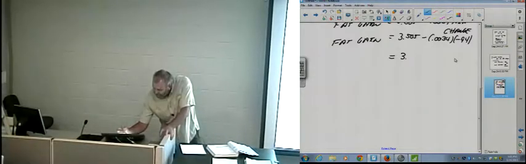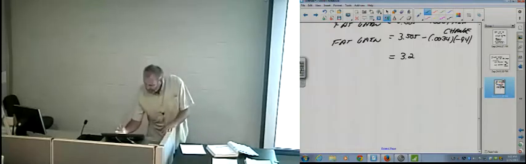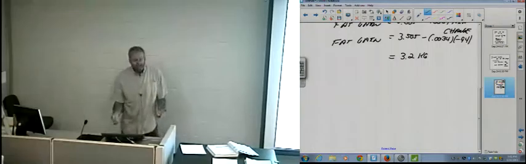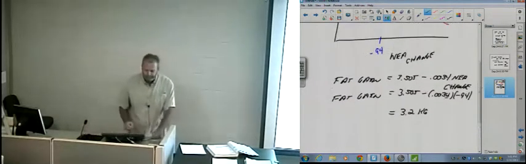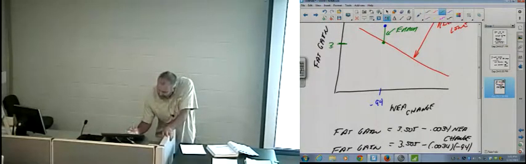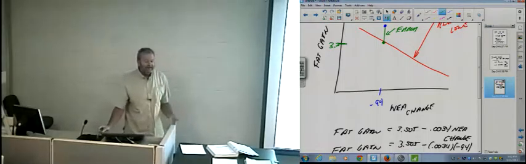3.826? 246? I'm going to call it 3.2. That number we just found is this value right here, okay? It's this value right there. 3.2. Right? That's what the line predicted.